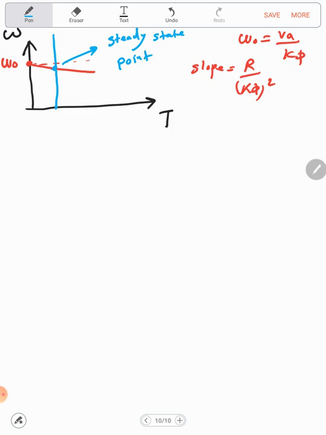So at this point, the machine will rotate at a certain speed, let's assume omega 1. Now let's assume for any reason we need to operate at a speed less than omega 1. Let's assume that we need to operate at this speed. So what we can do, we need to control the speed of the machine.